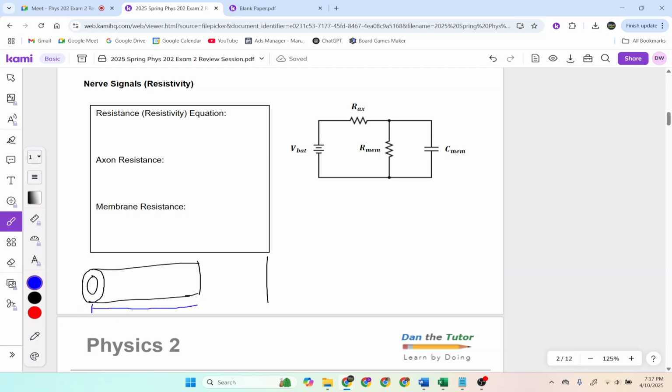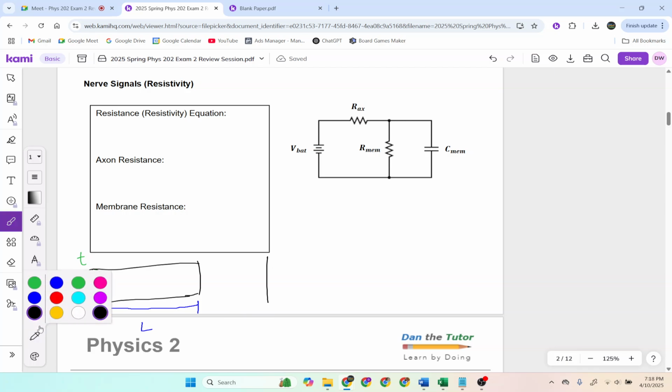This distance is L, capital L. Lowercase d is the diameter of the cylinder. And then this little distance right there, that's going to be t, the thickness of the cylinder. All of the equations are going to use these three variables.